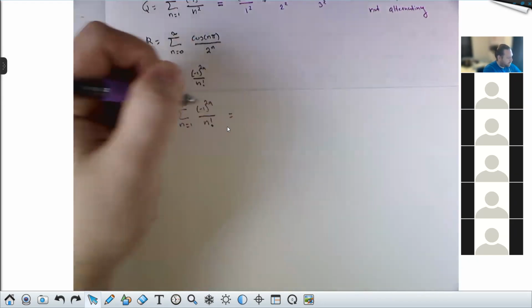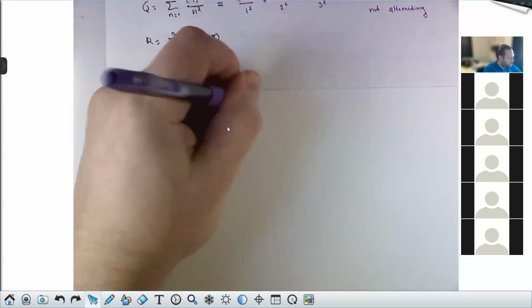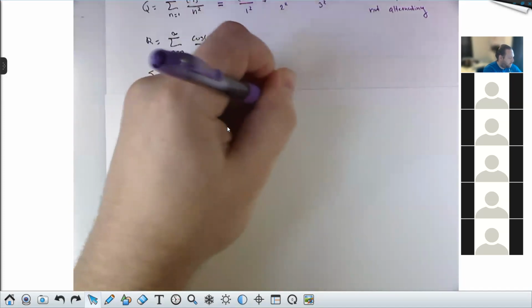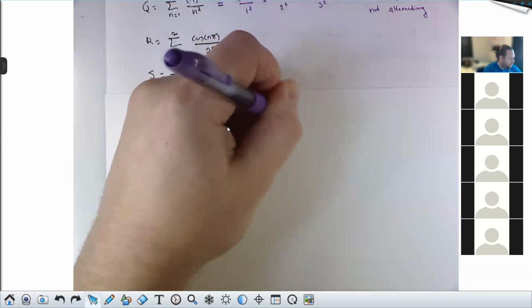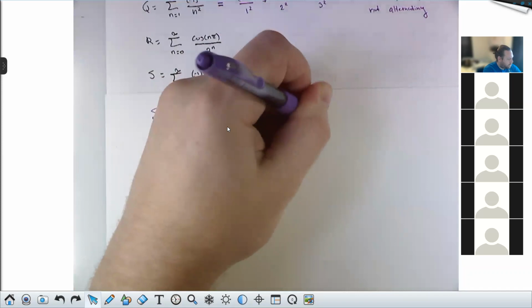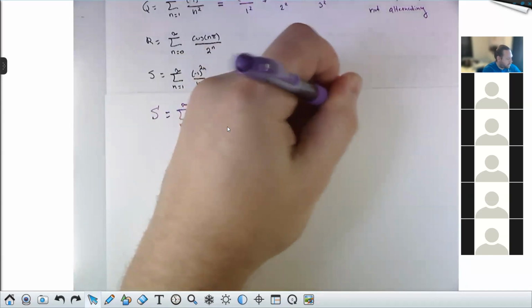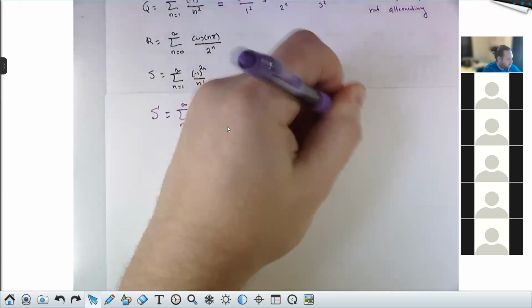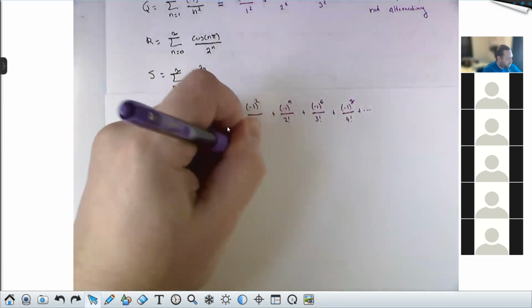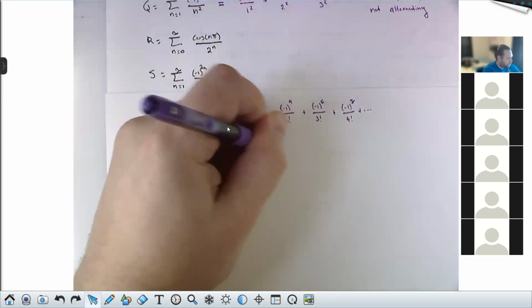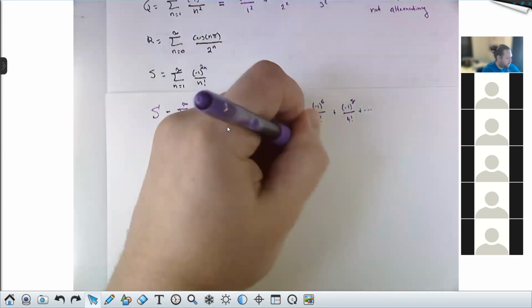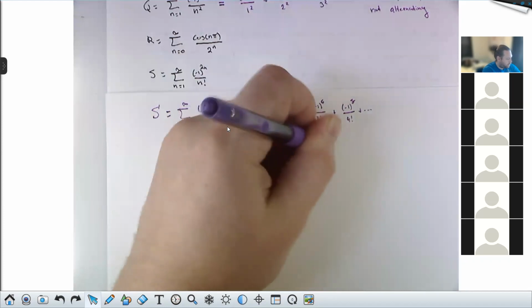This is starting at 1, so this is -1 squared over 1 factorial plus -1 to the 4 over 2 factorial plus -1 to the 6 over 3 factorial plus -1 to the 8 over 4 factorial, and so on, which is just 1 over 1 factorial plus 1 over 2 factorial plus 1 over 3 factorial plus 1 over 4 factorial.